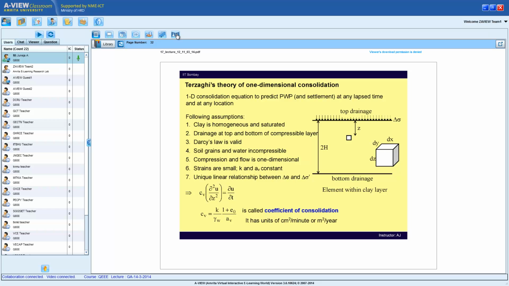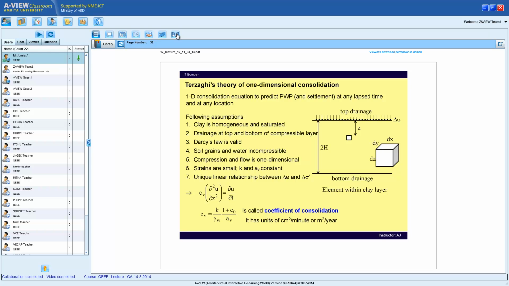You can't use the... we would use Terzaghi's theory for computation of consolidation settlement.